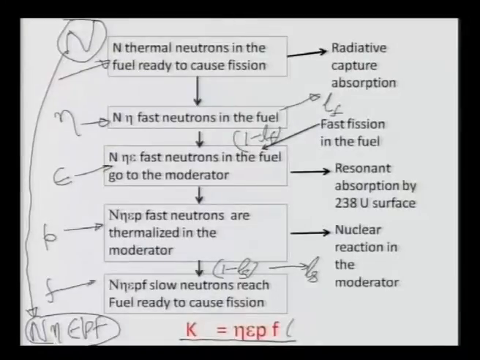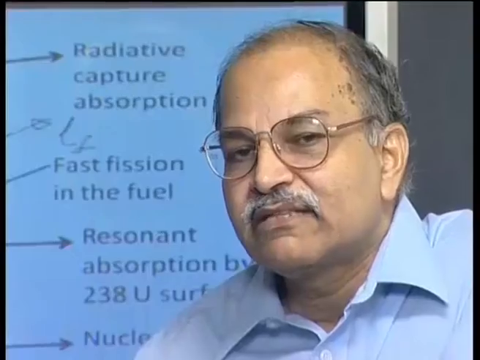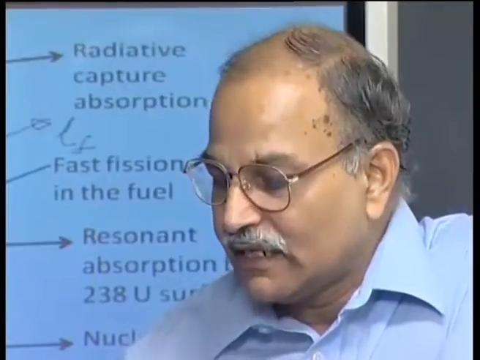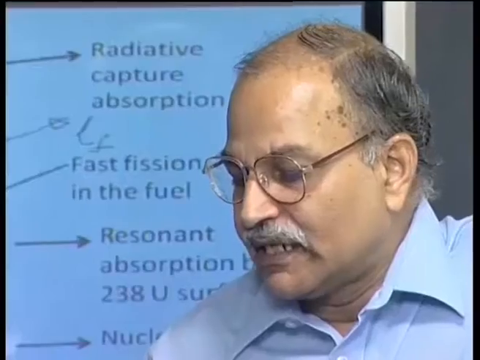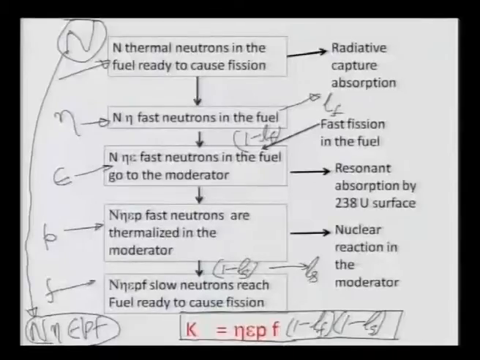So, this should be multiplied by those factors 1 minus Lf and 1 minus Ls. The fast neutrons leaking through the core volume and slow neutrons leaking through the core volume should be taken care of, and then it is the reproduction factor K. Without these leak factors, sometimes people call it K infinity, assuming an infinitely big core; the factor will be eta into epsilon into P into f, which is known as the 4 factor formula, because there are 4 factors here.